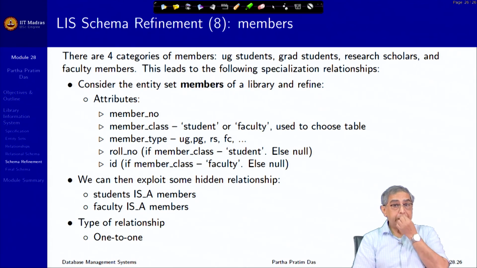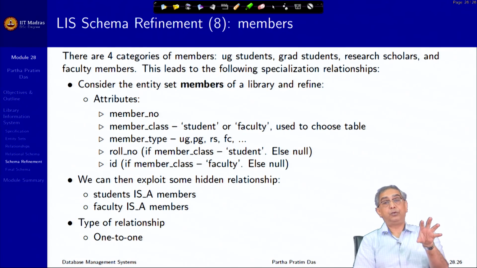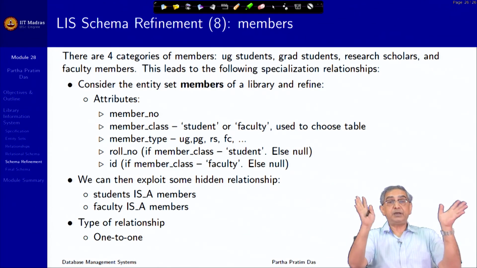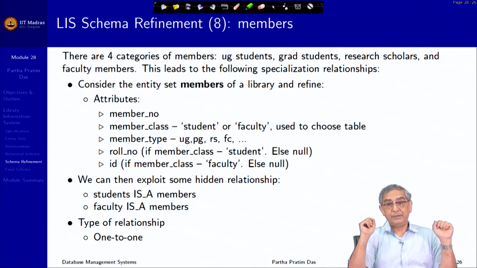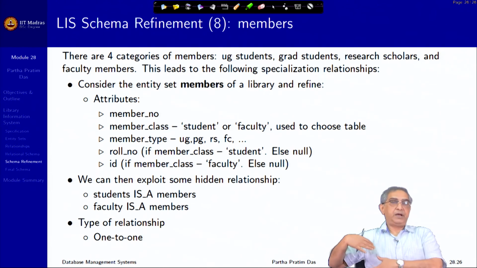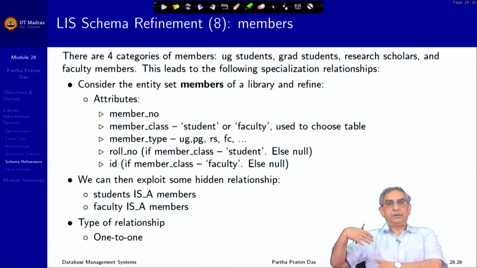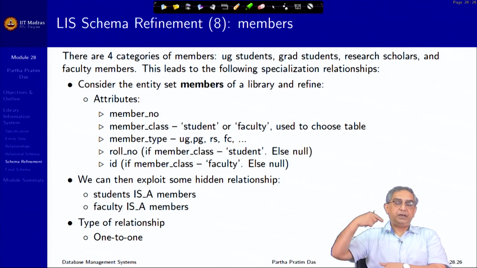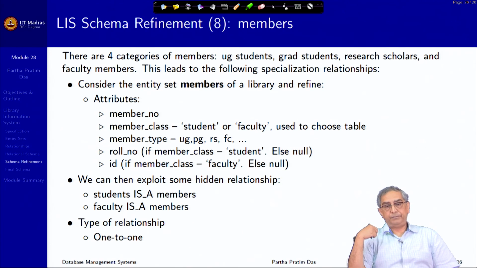What we have missed out is that members need to know more. Members need to know whether a member is a student or a faculty. This information is nowhere there. So, I have to basically search both these tables, and later on if I have staff members, a third table, to see, given a particular membership number, whether that person is a student or a faculty or a staff.